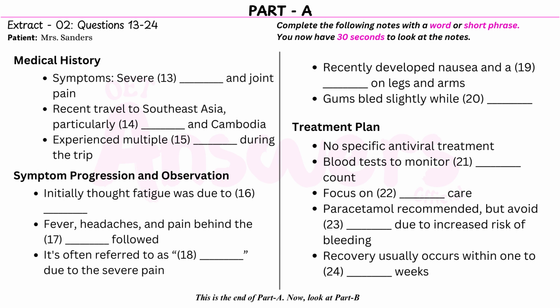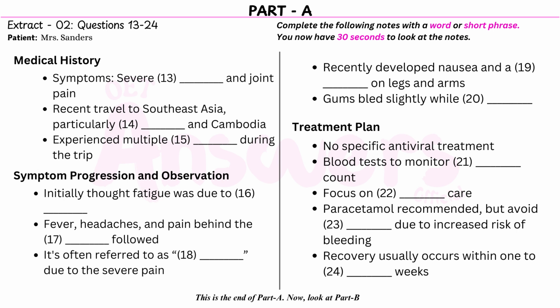Unfortunately, there's no specific antiviral treatment for dengue fever itself. We focus on supportive care, which means managing your symptoms. We'll keep you hydrated with intravenous fluids, especially if you're feeling nauseated and unable to drink enough water. For the fever and pain, we'll use paracetamol, but we avoid medications like ibuprofen or aspirin because they can increase the risk of bleeding.